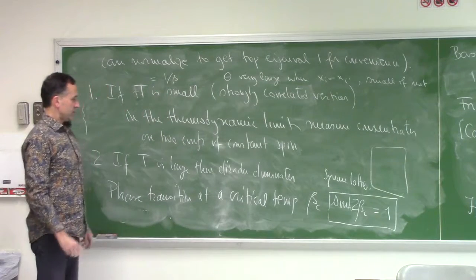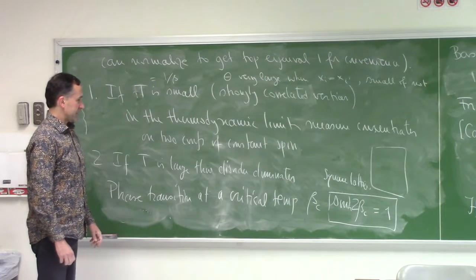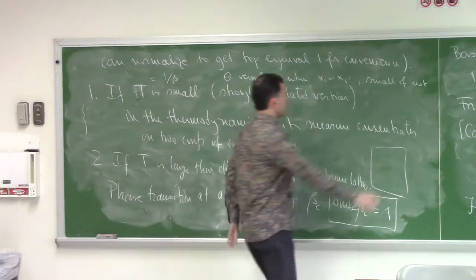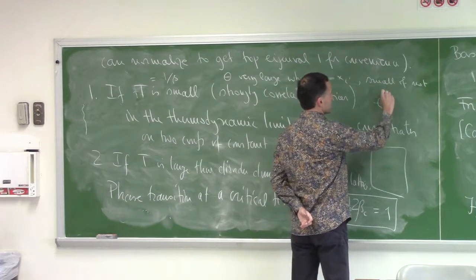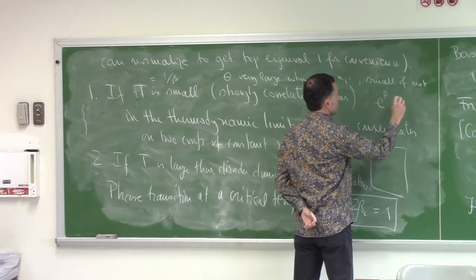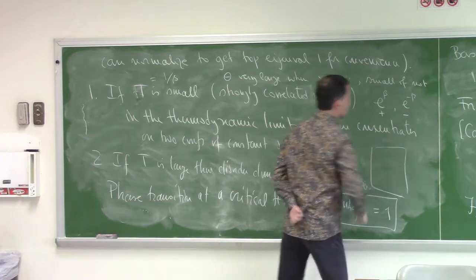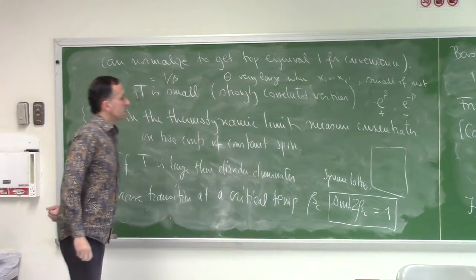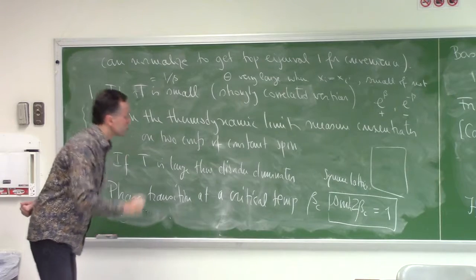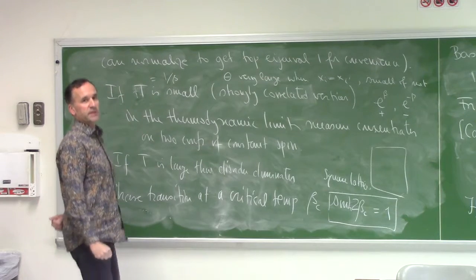And actually, if you want to do a quick exercise, that's the value of beta for which the function e to the beta and e to the minus beta on the group plus/minus 1 agrees up to an overall scale with its Fourier transform.